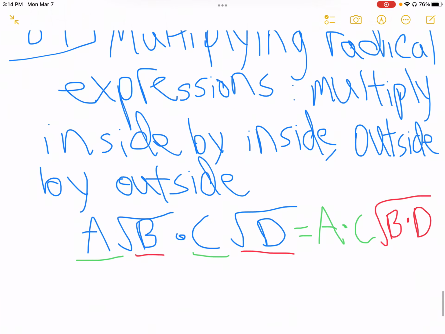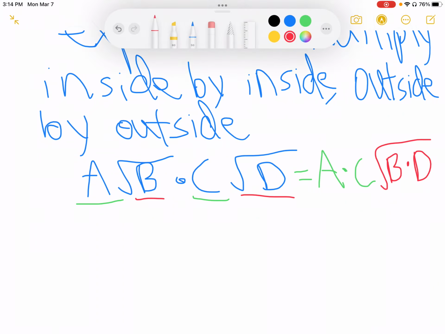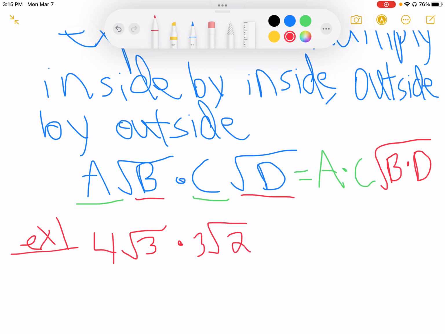So then we're going to talk about some real numbers here. Let's go ahead and draw this out. For example 1, if you go to example 1 in your book, you'll see that we have 4 square root of 3, and we'd multiply that by 3 root 2.